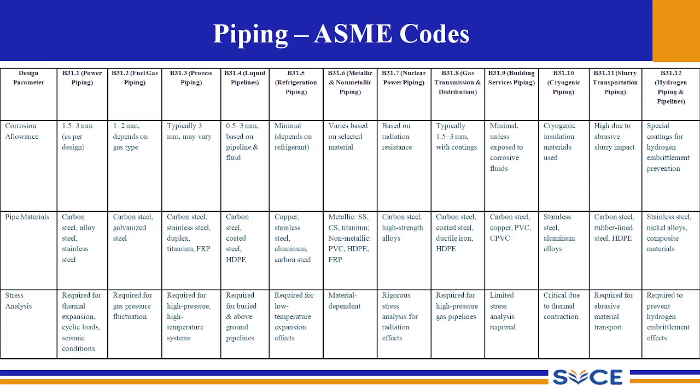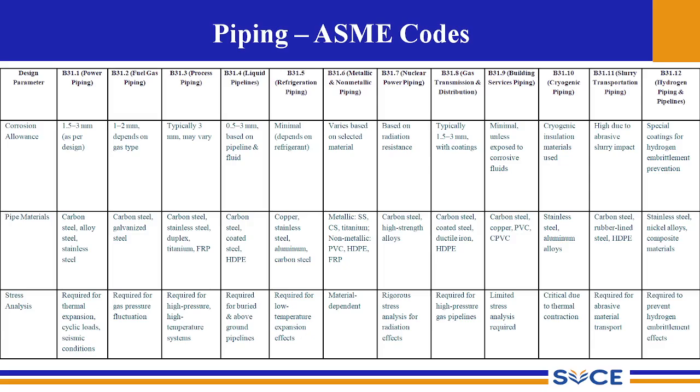Then metallic and non-metallic piping, as per ASME B31.6 code, the corrosion allowance varies based on the selected material, and the pipe materials are metallic: stainless steel, carbon steel, titanium. Non-metallic materials are PVC, then high density polyethylene and then fiber reinforced plastics. Then stress analysis is material dependent.